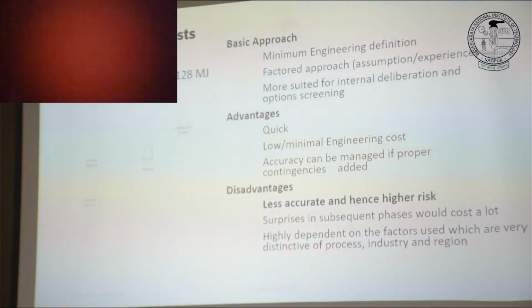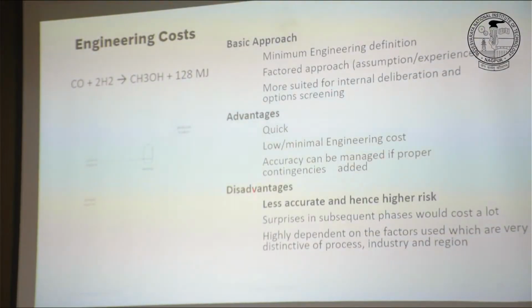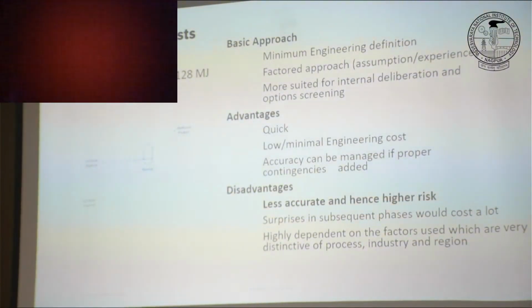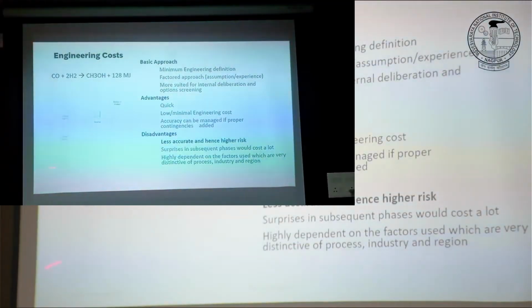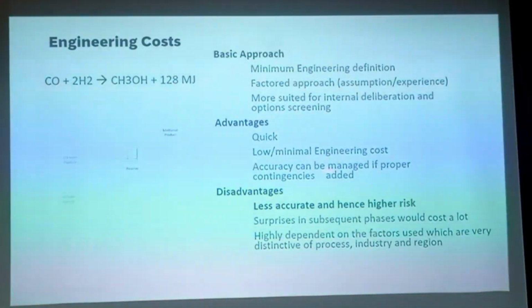That's why your financial risk is high. But if you do it intelligently with better appropriate factors, right, and adding contingency or some margins in your estimate, you can manage this risk also properly, right? So as I said, accuracy can be managed if proper contingency is added.